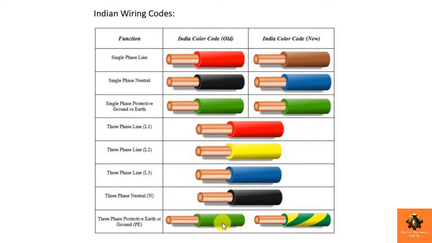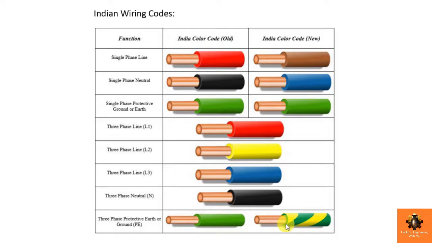As per the old standard, completely green color is used for the earthing wire, but now yellow color is also added with this green color. So as per the new color code, yellow-green color is selected for protective wire.